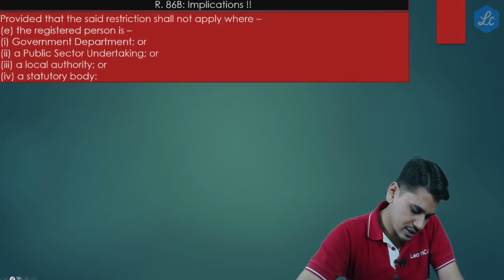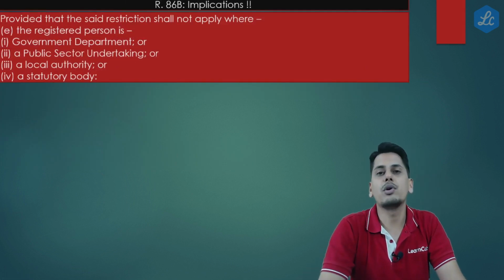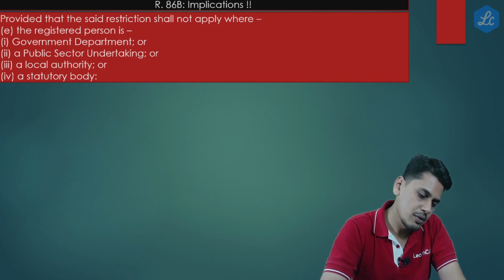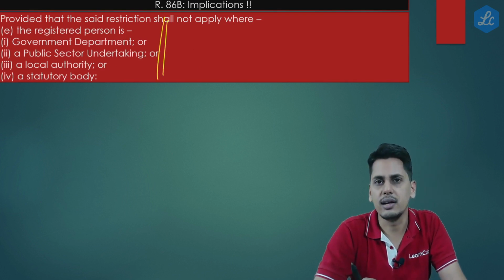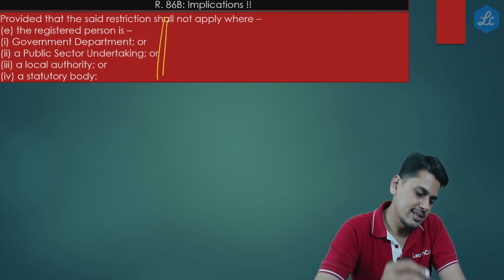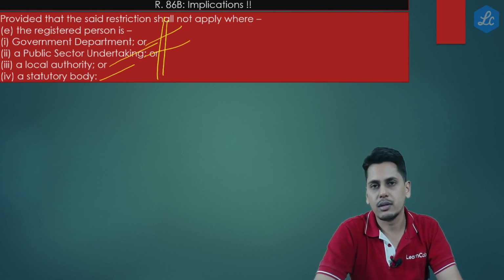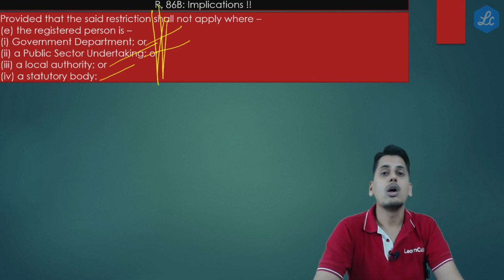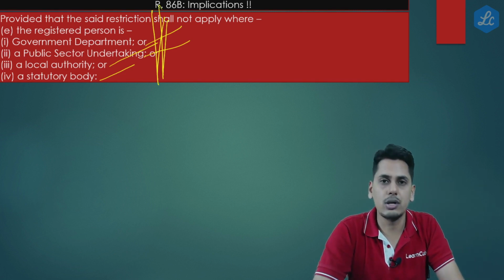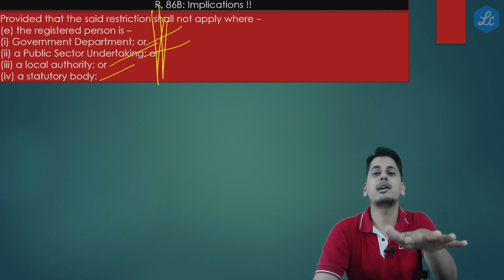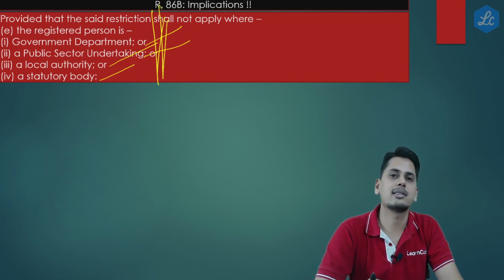The next relaxation is for persons having a proven track record. Friends, for these persons, Rule 86B does not apply: if the registered person is a government department, PSU, local authority, or statutory body. Friends, if you could recollect what was the intention behind the introduction of 86B, it was to have a control and check on input tax credit frauds.